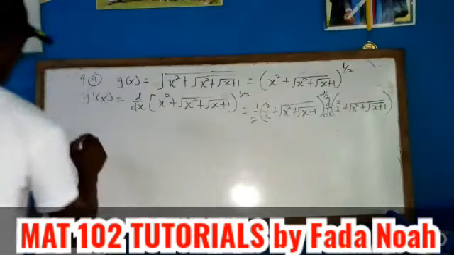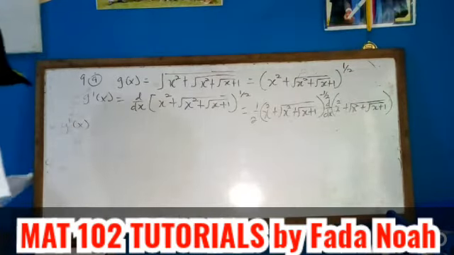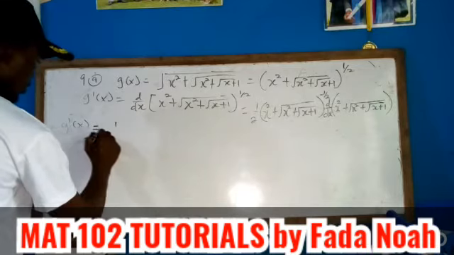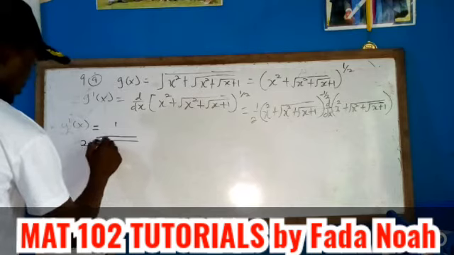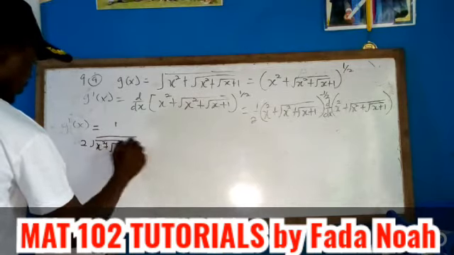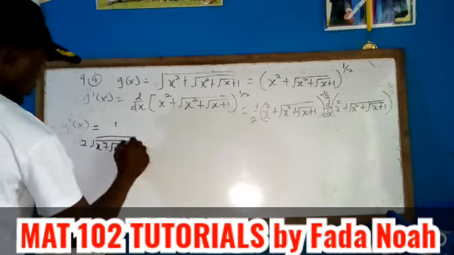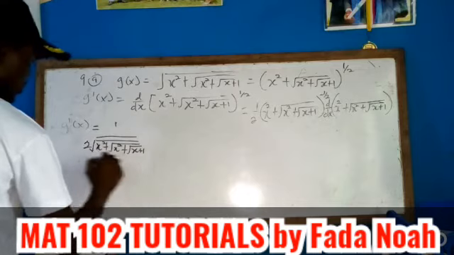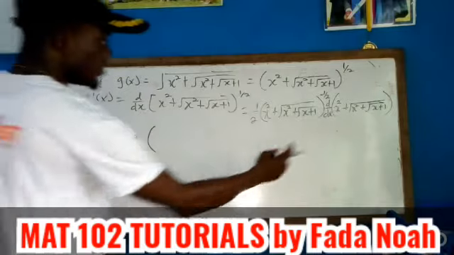So we have g prime of x equal to 1 over 2 square root of x squared plus the square root of x squared plus the square root of x plus 1, times the derivative. So we differentiate term by term.